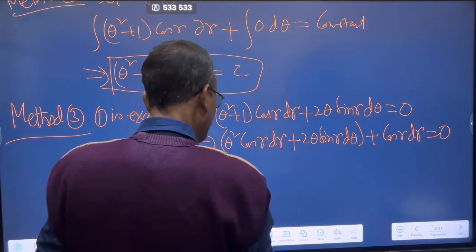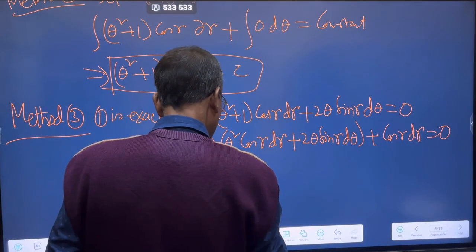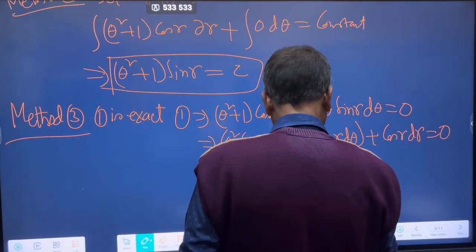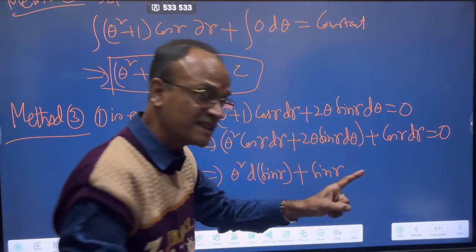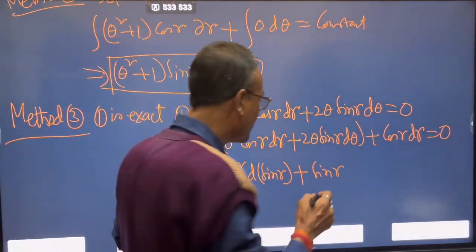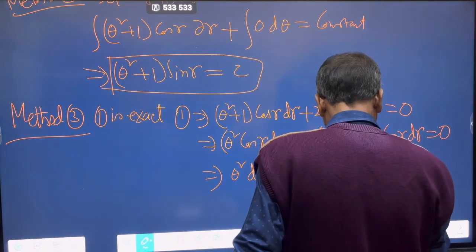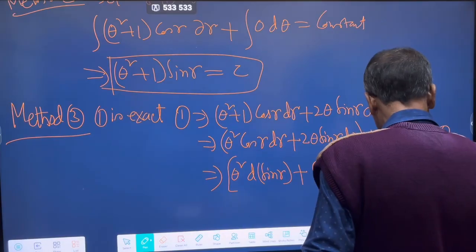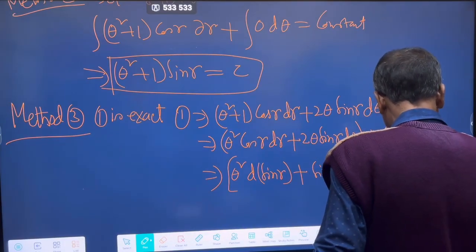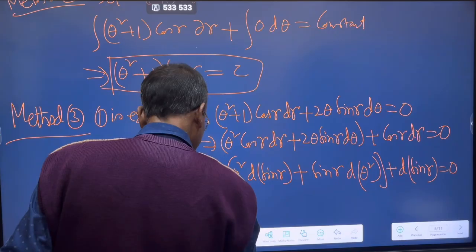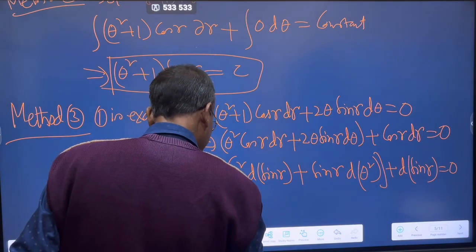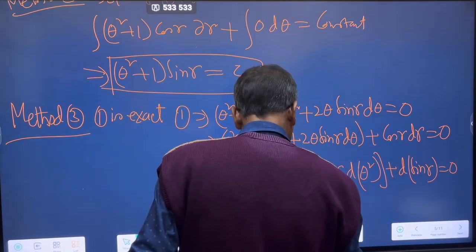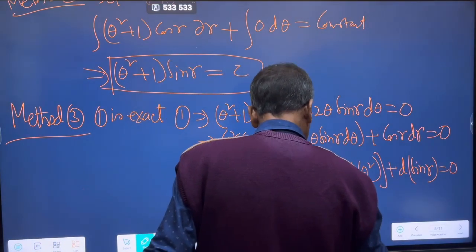This means you may write θ² d(sin r) plus sin r times, for 2θ dθ, d(θ²), plus d(sin r) equals 0. This means d(θ² sin r) plus d(sin r) equals 0.